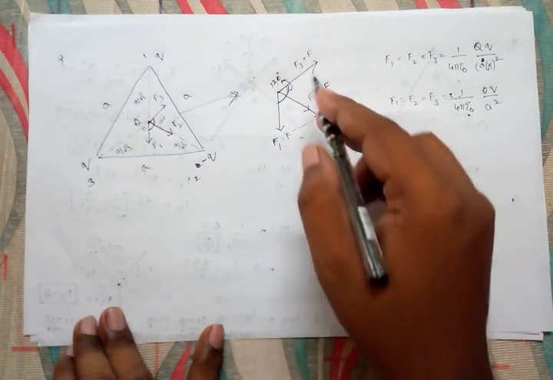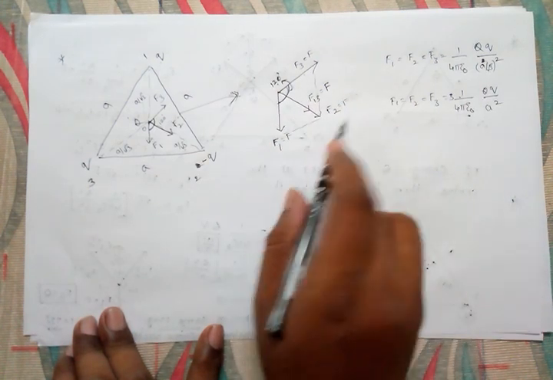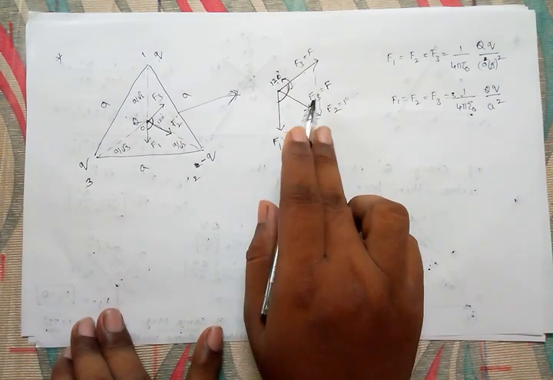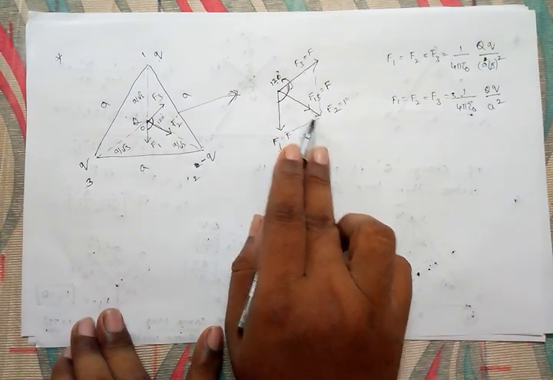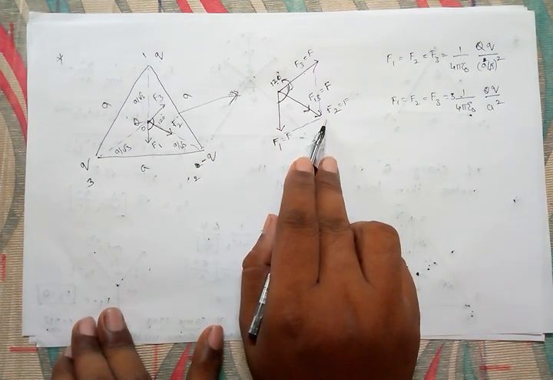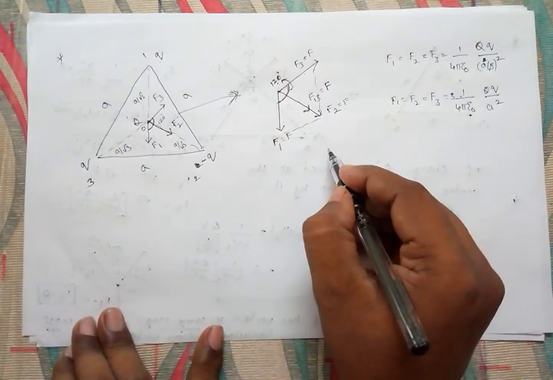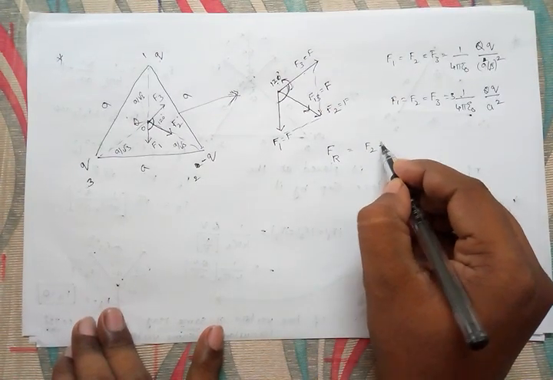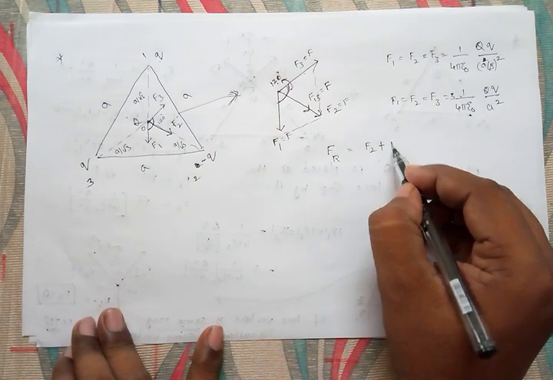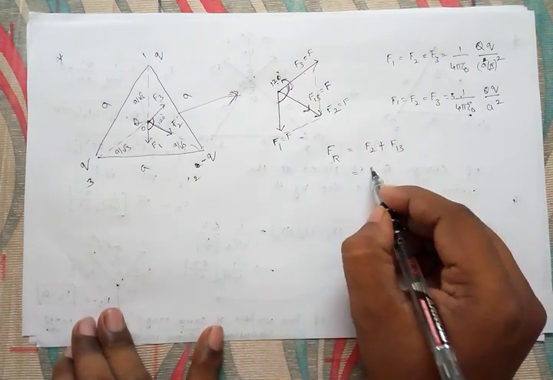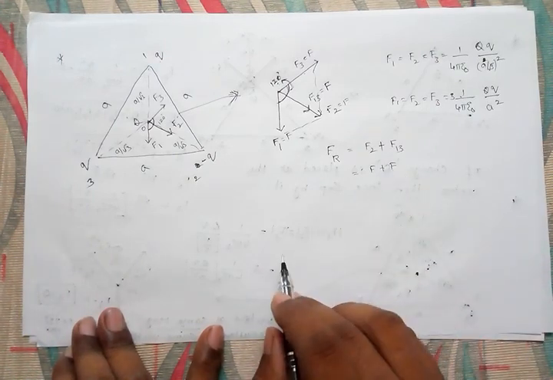So then these two resultants are along F2. Already F2 is one force, and the resultant of F1 and F3 is another force F. These two forces are acting along the same direction. So the resultant is nothing but F2 plus the resultant of 1 and 3, that is F13, and these two are the same, that is F plus F here.